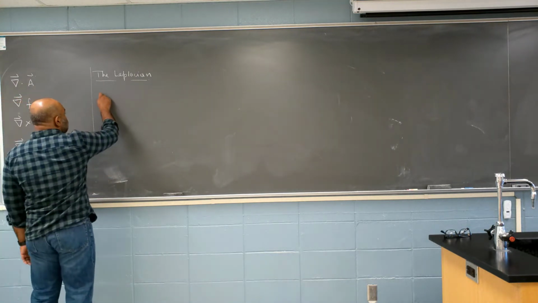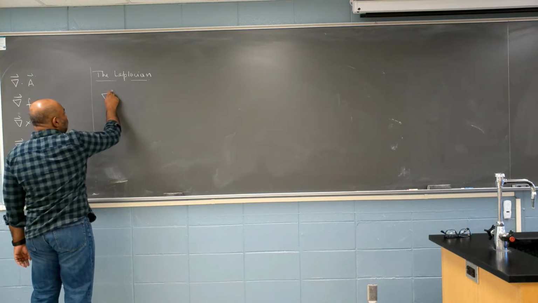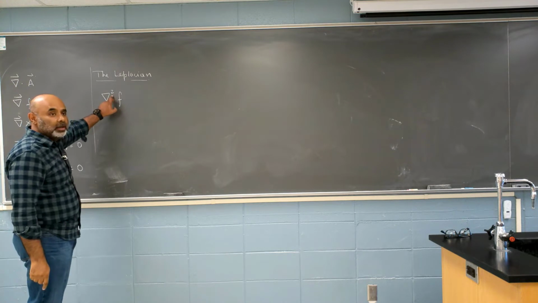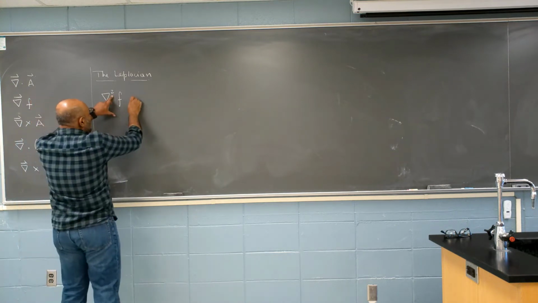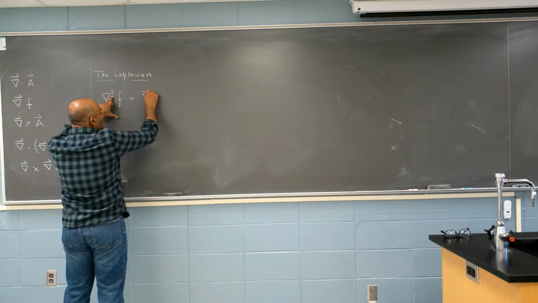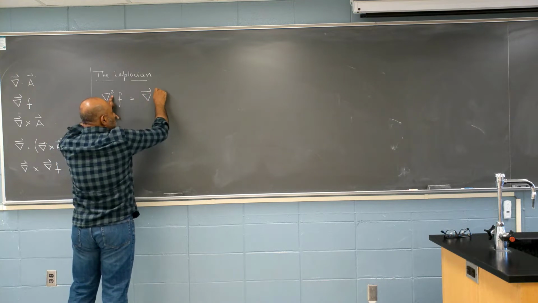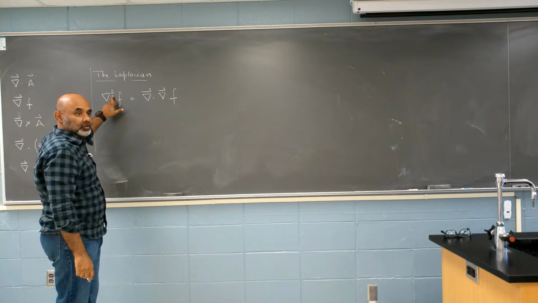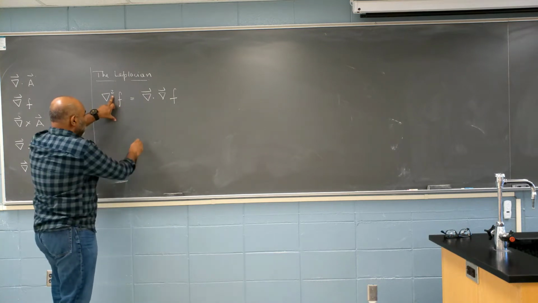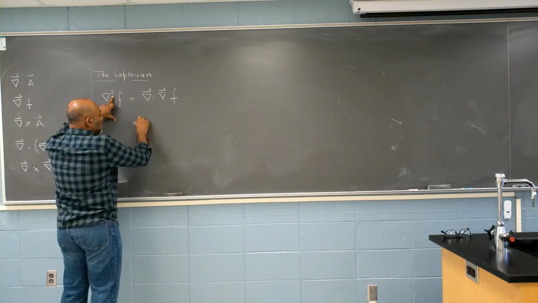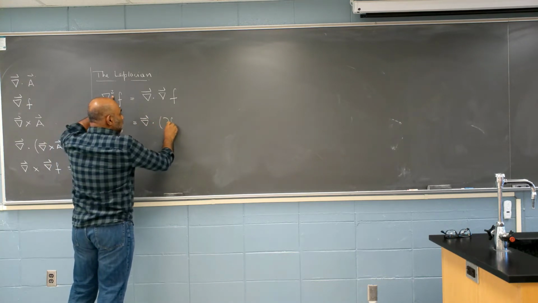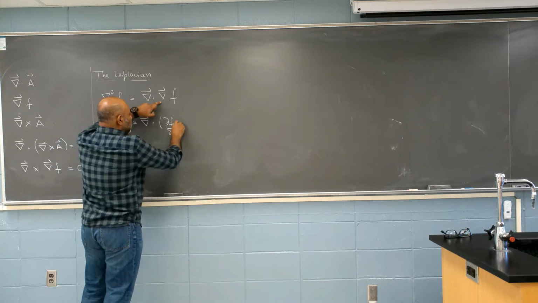The Laplacian of a function is del squared, and you can imagine what that is. It is nothing but the divergence of the gradient. Okay, let's see what that is. So it's the divergence dot, df dx, I'm just taking the gradient.